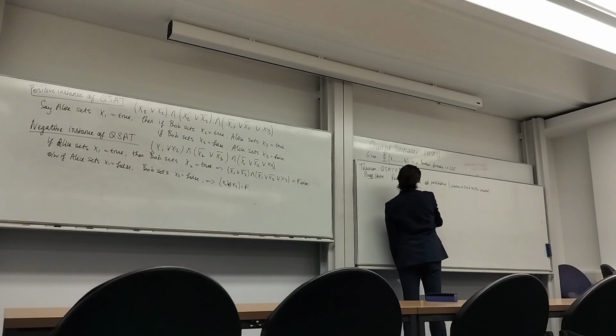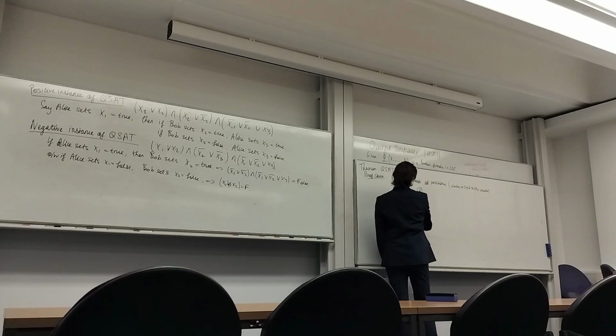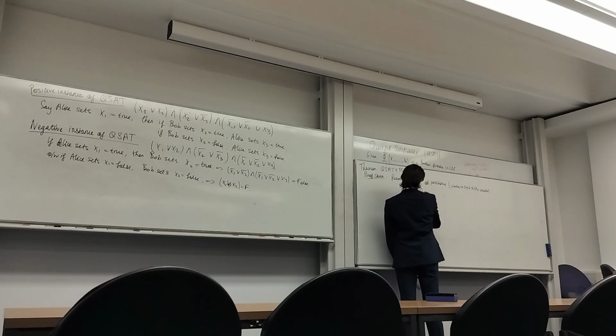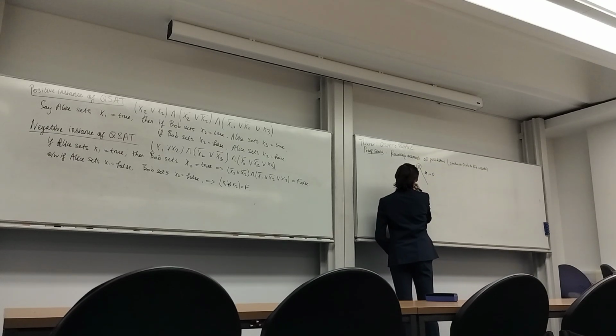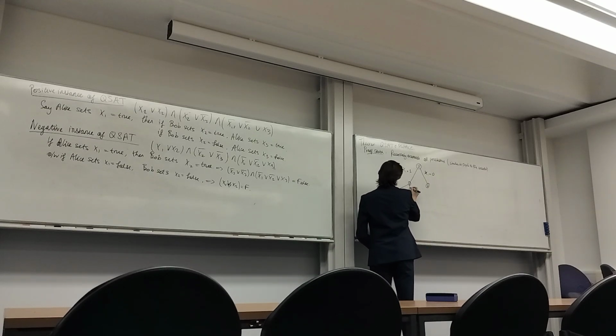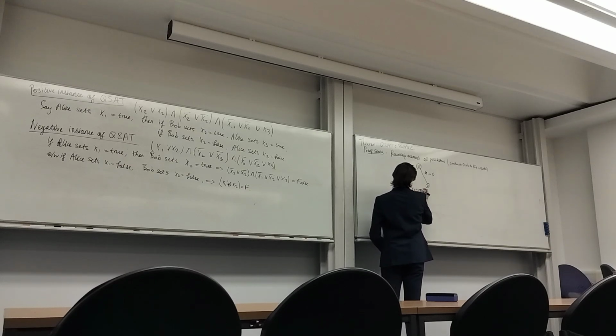So you're going to build a tree. On the top level, you have an existentially quantified variable, right? So this is x1 is true, or x1 is false. And then you're going to have universally quantified variables. You're going to have x2 is true, and x2 is false.